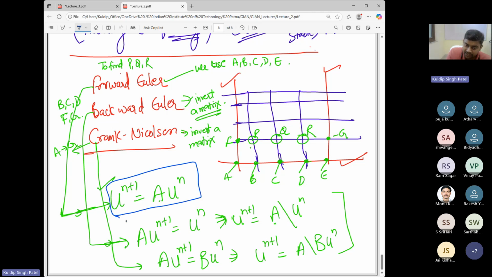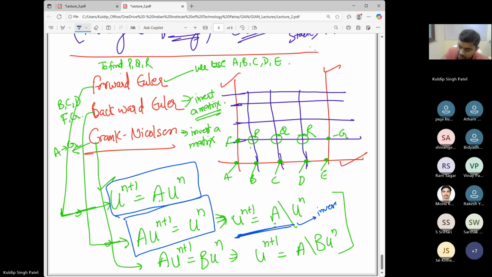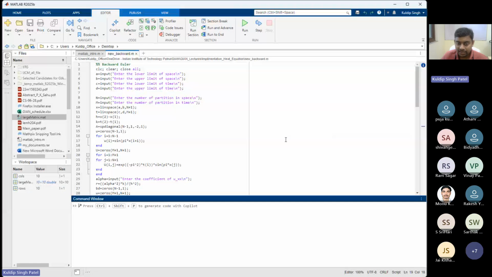But if you do backward Euler, you get this kind of matrix, and then for solving it you need to do the inverse of A. And in MATLAB, this slash is basically for the inverse command. So what we are going to do is solve the heat equation by MATLAB.